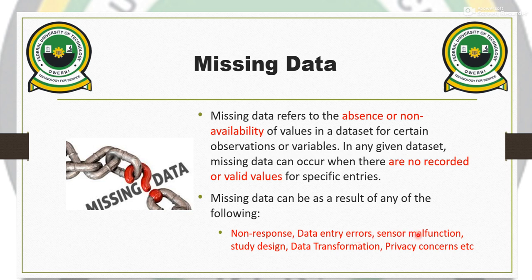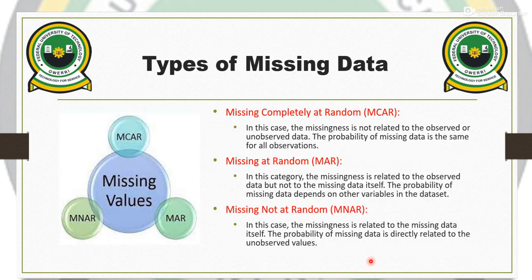Then sensor malfunction in cases when you are collecting data from a sensor, and then bad study design, and then data transformation, and then privacy concerns. For instance, the one that I just gave now as an example. Okay, so those are the things that result in a missing data or missing value.